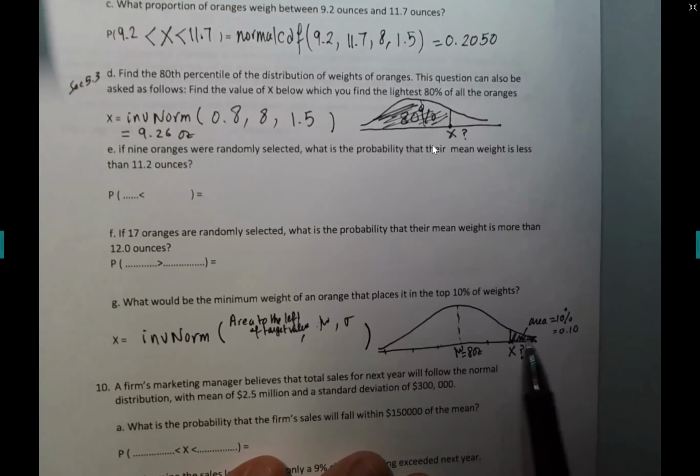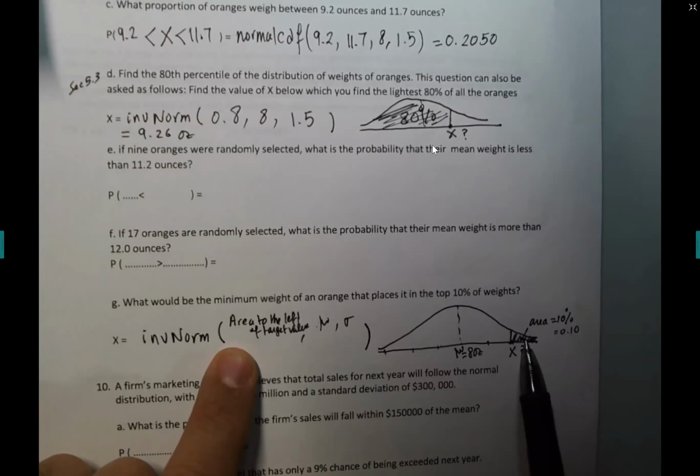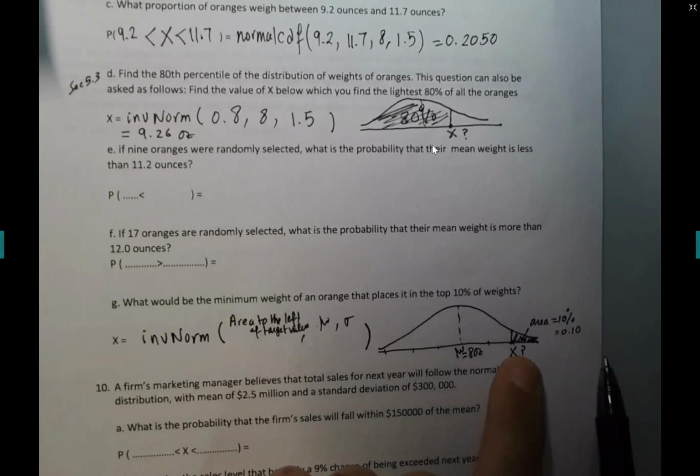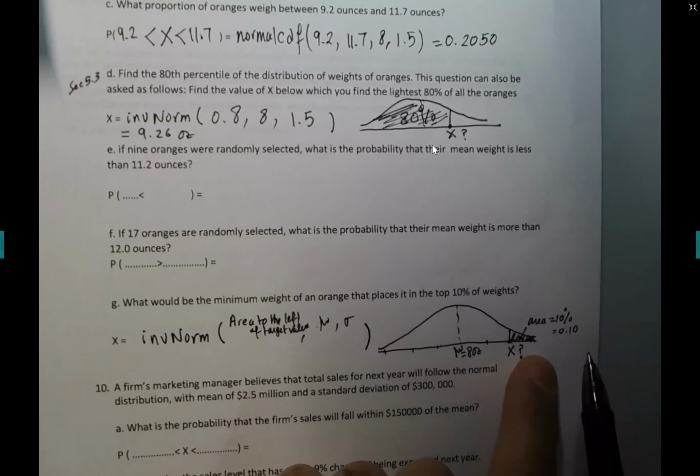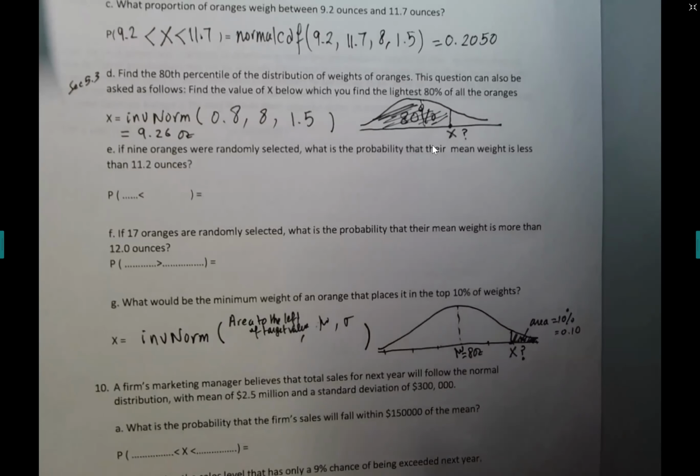He gave me the area, and it turned out to be a right tail area, 10% to the right. But the formula requires the area to the left. So if 10% is the area to the right of X, what would be the area to the left of X? 90%. Now, if you have a calculator, guys, that says left, right, middle, you can put right and keep it at 10%. Then the calculator understands that the 10% is an area to the right. But if you don't, the other program that's built on the calculator requires the area to the left.